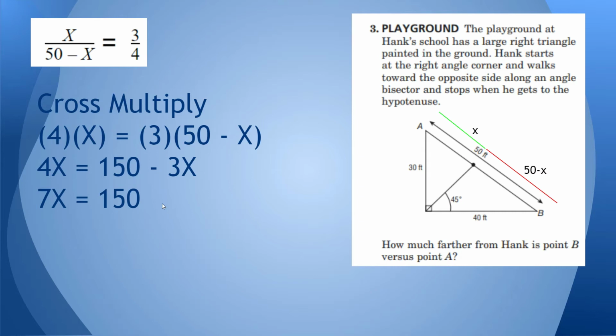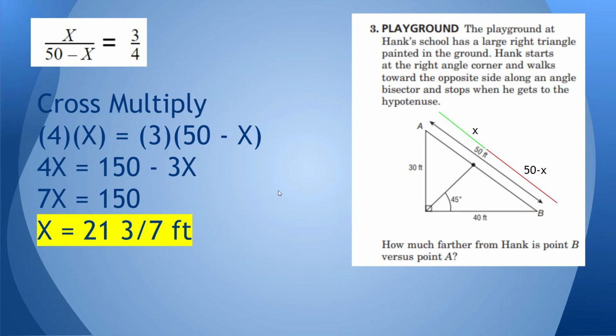So here's another instance where we're going to go ahead and actually divide that out rather than put it in the calculator, because we end up with x equals 21 and 3/7 feet. Okay, so that's x. X over here is 21 feet and 3/7.